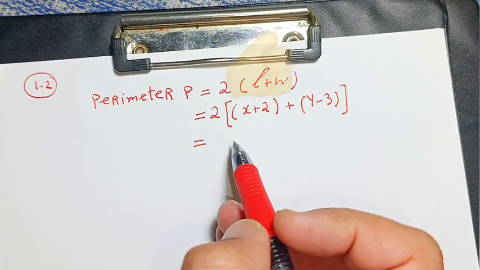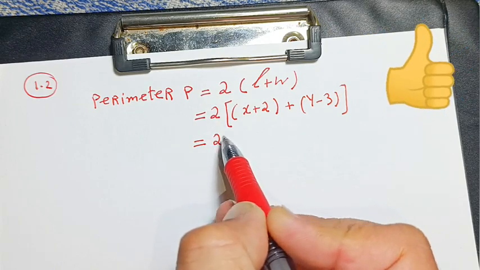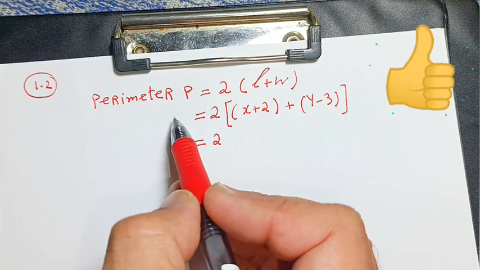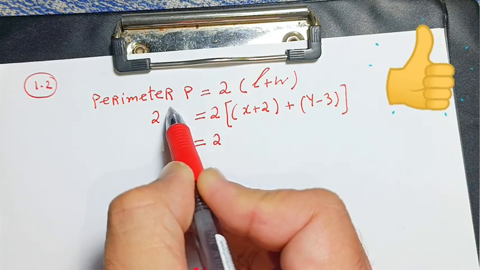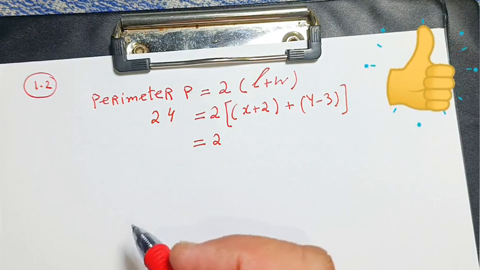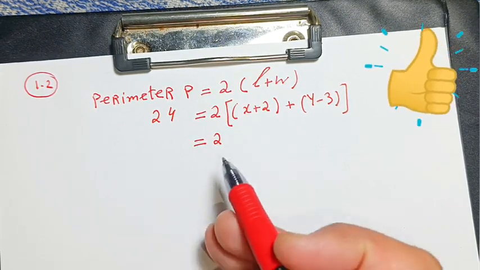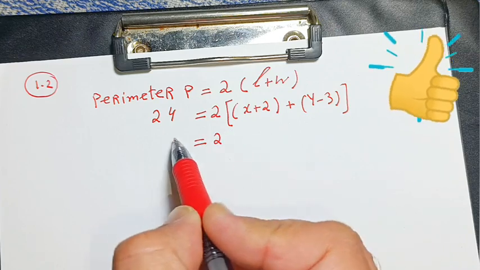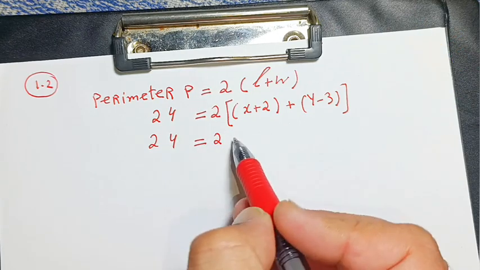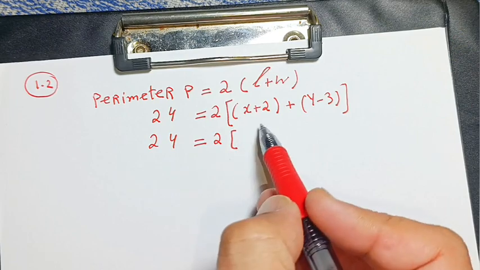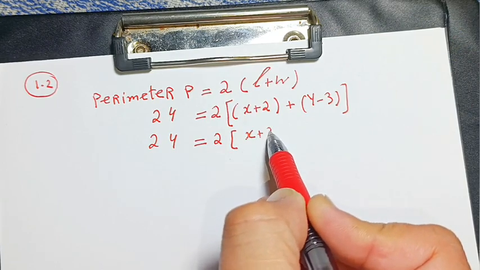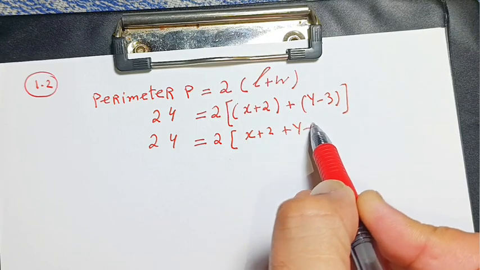Now I'm going to solve here. So it's going to be 2, and the perimeter has been given as 24. Must remember 24 meters. So 24 equals 2 times x plus 2 plus y minus 3.